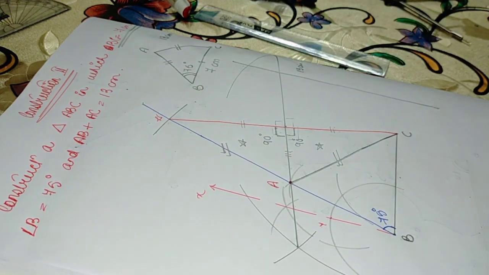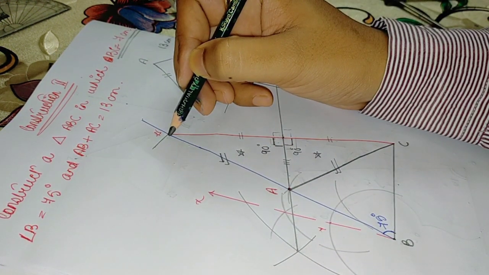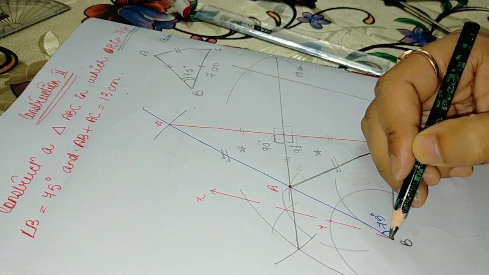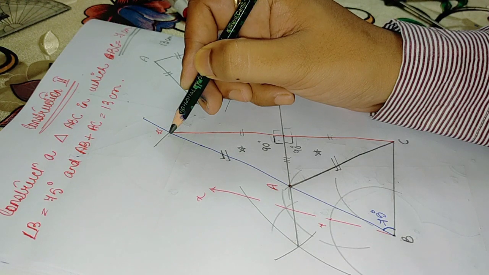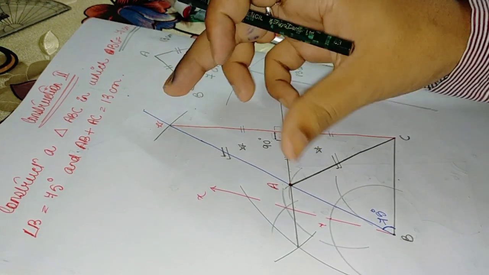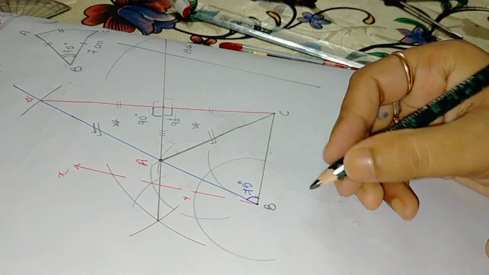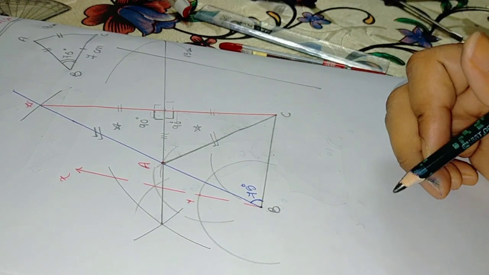Now in the beginning what I have said, that whole this part B to Z, BZ is equal to 13 centimeter. Okay, that means this plus this is equal to 13. Now if I say this is equal to this, see here I'm giving you the way how it is equal.